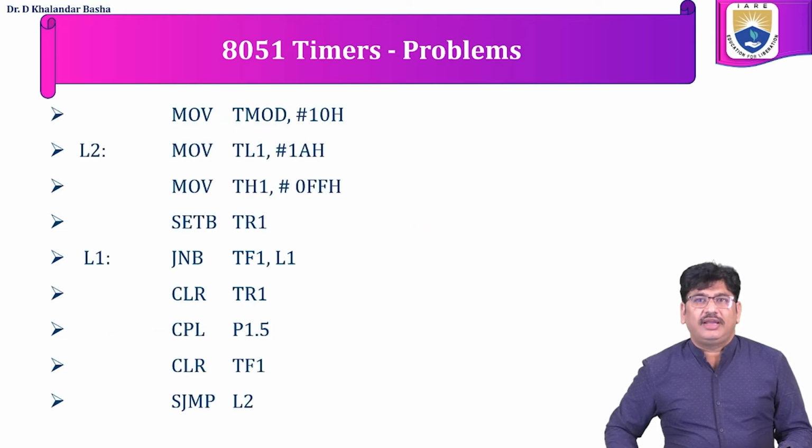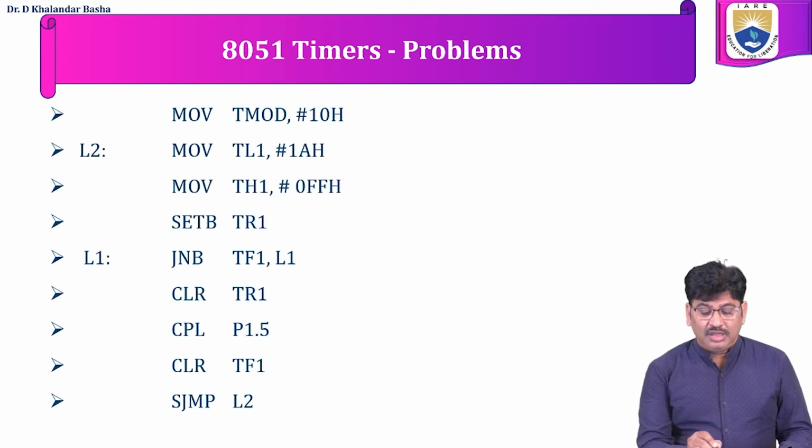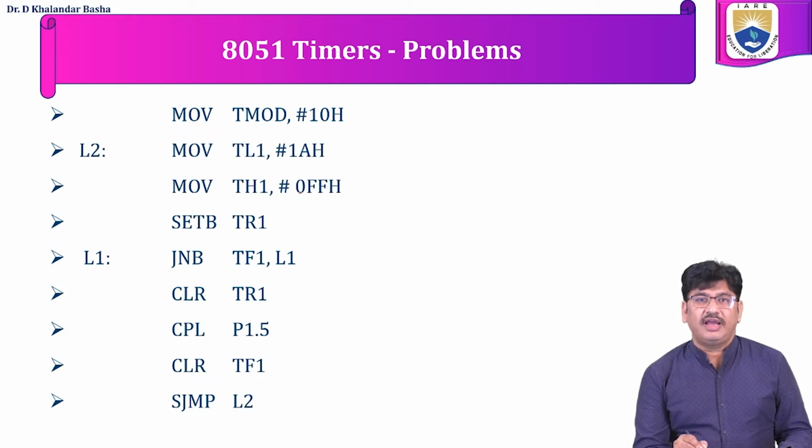So the program at a glance we can see. MOV TMOD, #10H. MOV TL1, #1AH. MOV TH1, #0FFH. Start the timer by writing the instruction SETB TR1. Check for TF1.